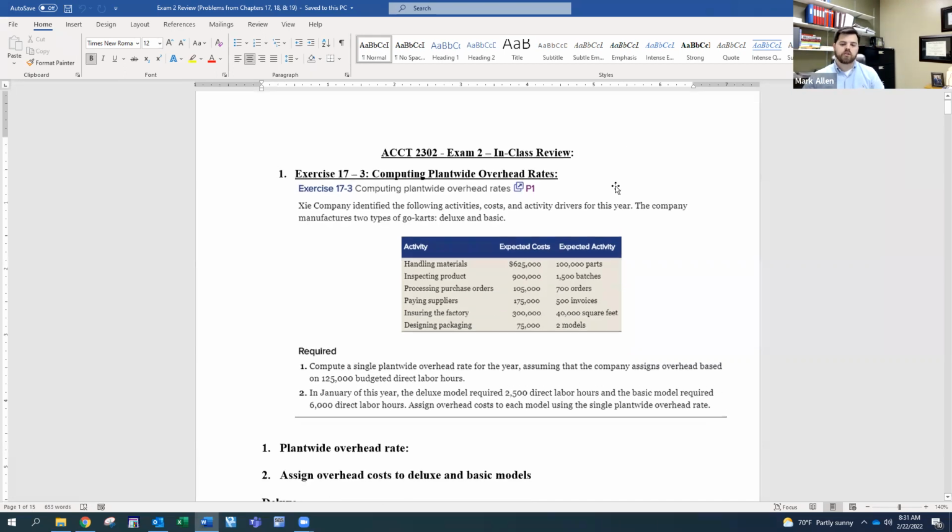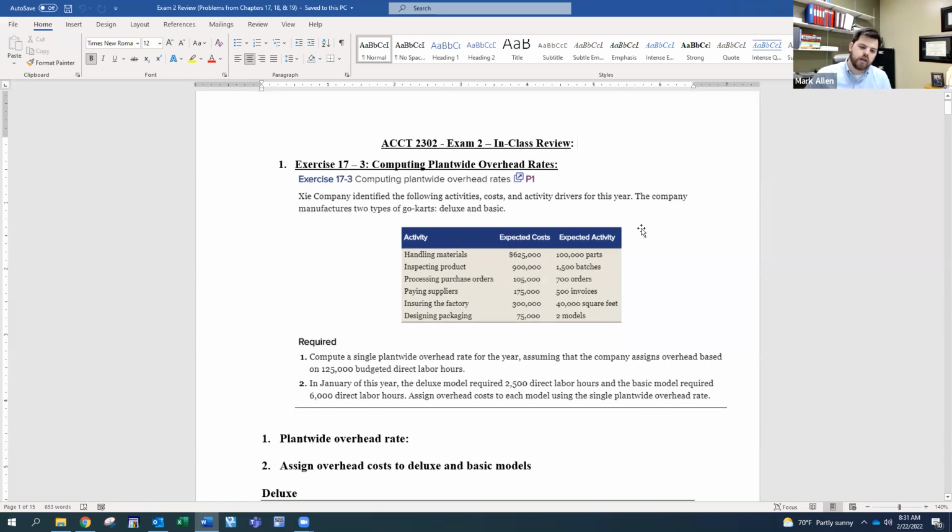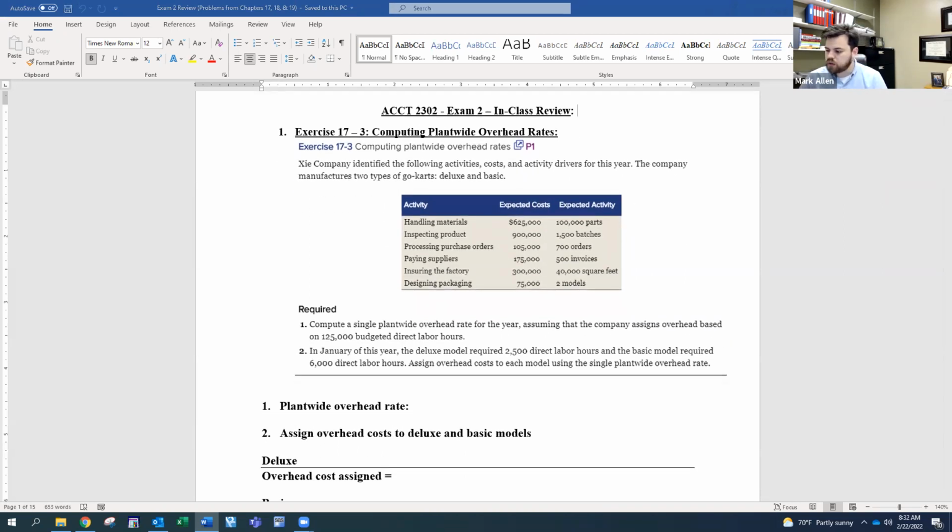So here we go. First question that we have in this review, we're going to be looking at a problem asking us to compute plant-wide overhead rates. This is no different than stuff that we've done prior to this. The only difference is that in this case, they tell us we have two products, and they give us our overhead items here in the middle.